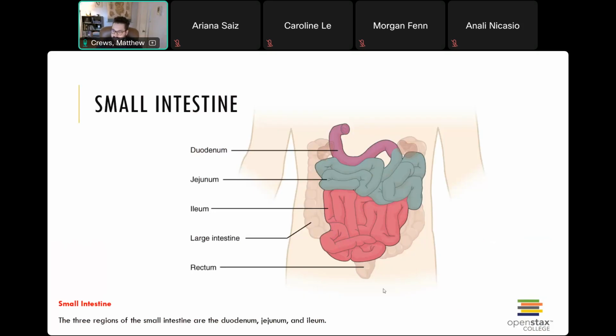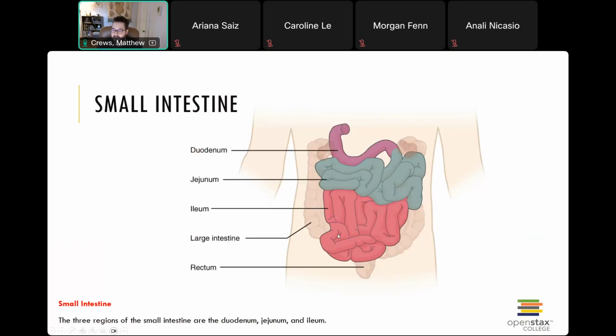There are other little things, for instance Peyer's patches. We talked about Peyer's patches from lymphatics, and those exist within the ileum, but not anywhere else. The terminal ileum is where you can find those Peyer's patches.